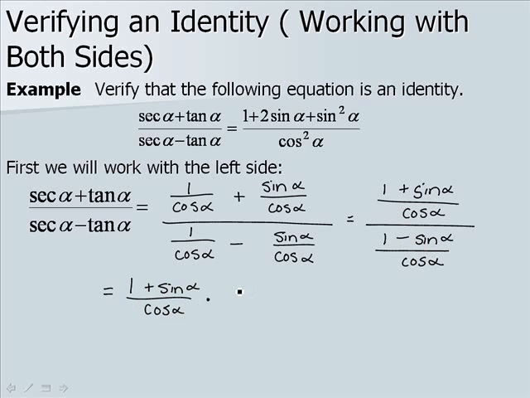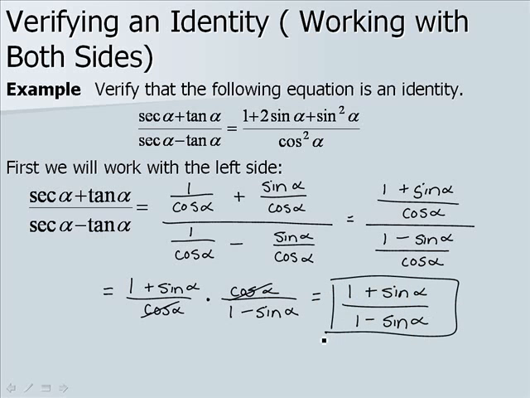So we have multiplied by cosine of alpha over 1 minus sine of alpha. So now our cosines will cancel, and we end up with a simpler expression of 1 plus sine of alpha over 1 minus sine of alpha.